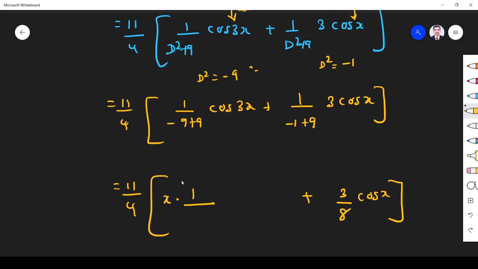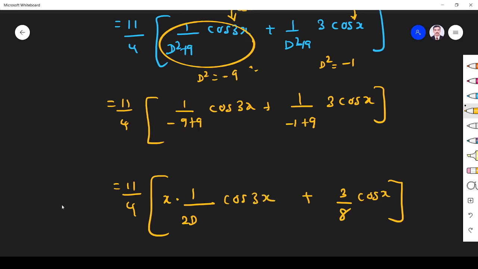This is only making the denominator 0, so multiply this function by x, differentiate the denominator with respect to D. When you differentiate D squared plus 9, it will become 2D, right, into cos 3x.